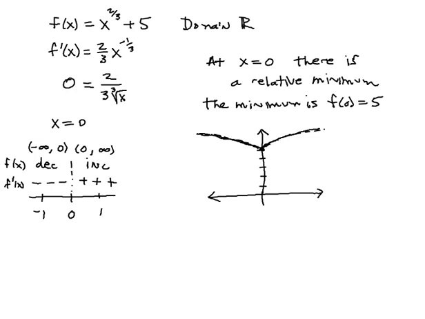So if you plot the points there, you can see I've got a local minimum at 0, and that local minimum is 5. And it's a sharp point on the graph. And I suspected that because the derivative doesn't exist there. Although it still can be a relative extreme value.